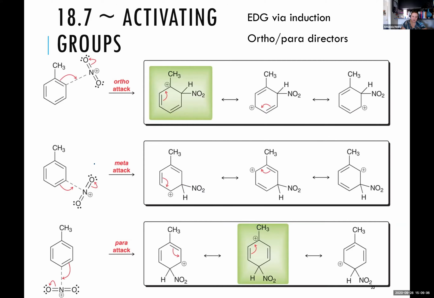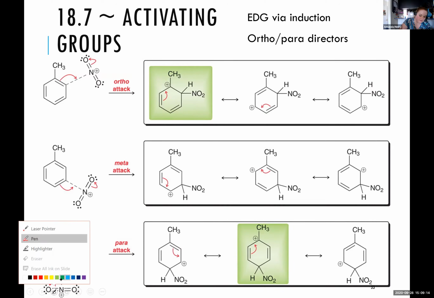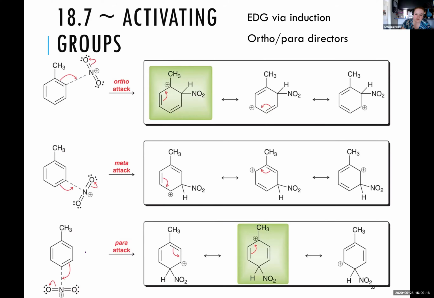So we're gonna start by looking at our weak activators, so our carbon groups. So these are electron donating through induction, and the only thing that really falls into that category are the weak activators, which are our carbon groups.